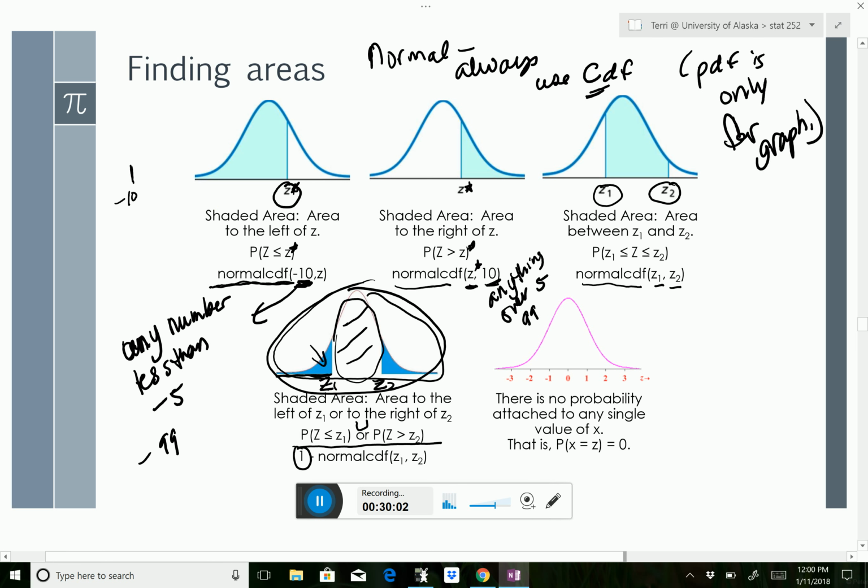And again, there is no probability attached to any single value of z. That is the probability that x, that should say capital Z and little z. So let's say I want the probability that z is 1. That's pretty much 0. It does not have a probability.